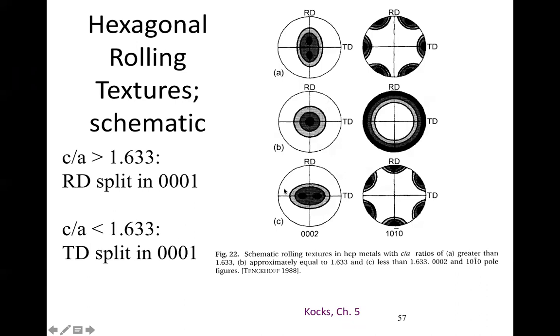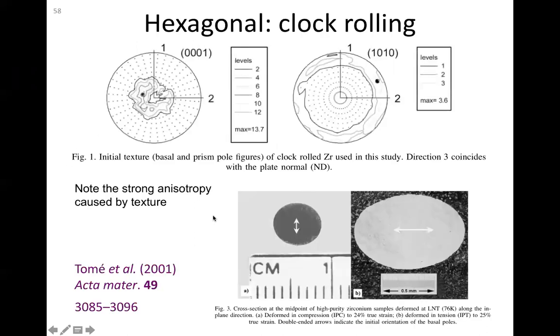If we're less than ideal C over A, then we get a split in the TD direction. A lot of times hexagonal metals will be clock rolled, meaning that they roll the sheet along one direction, rotate it, roll it again, rotate, roll it again, rotate, roll it again, and this forces a very strong basal texture, regardless of the C over A ratio.